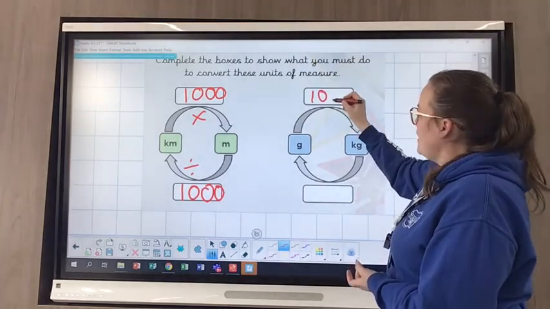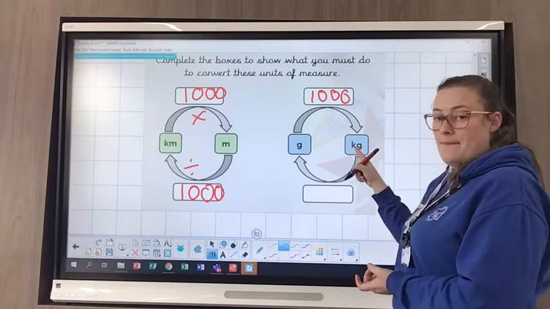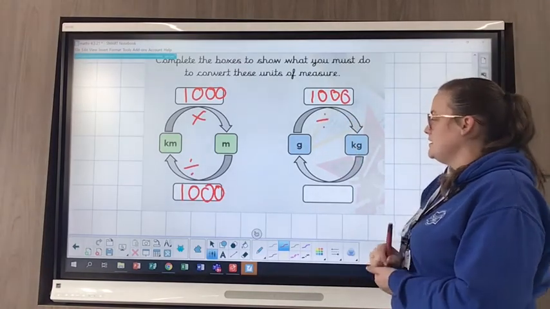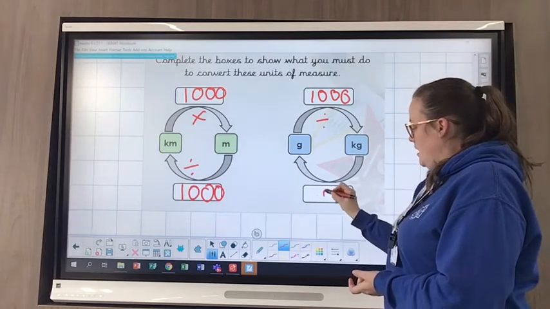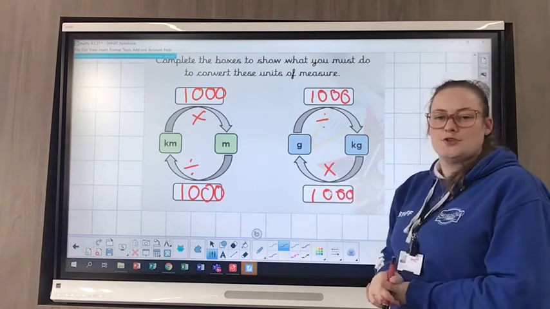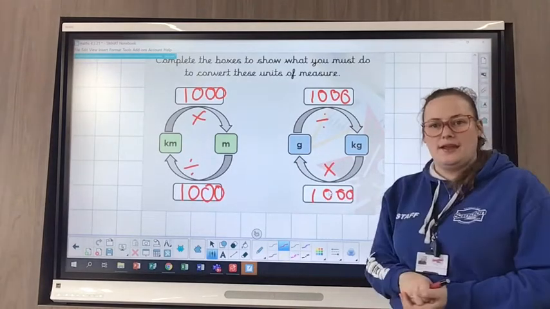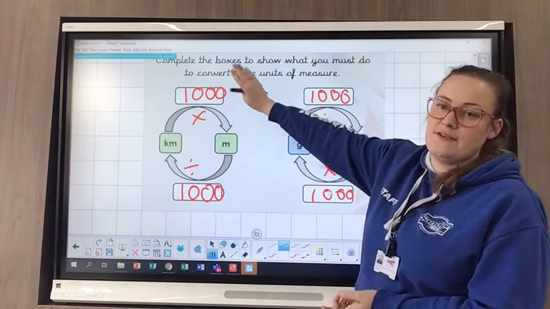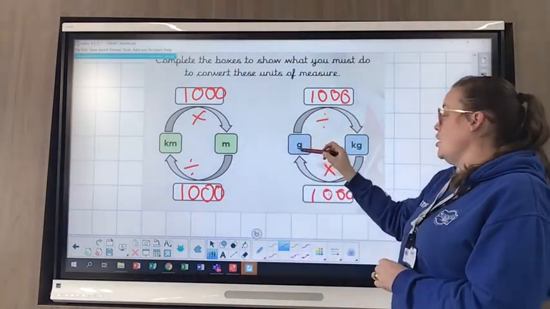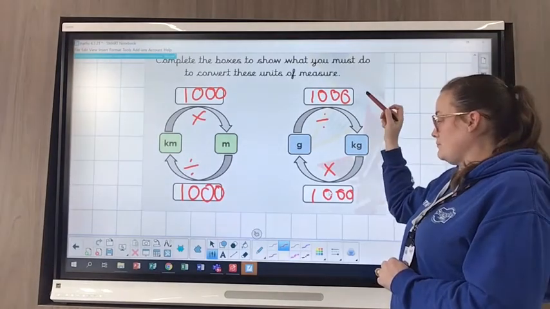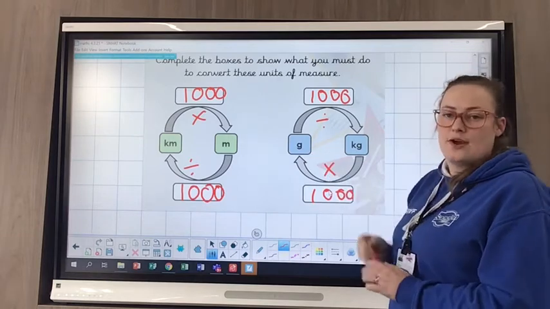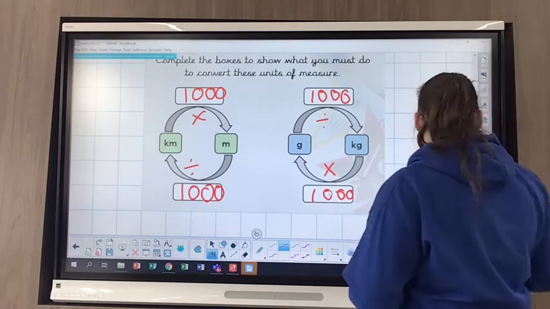There are 1,000 grams in a kilogram, so we would divide if we were converting into kilograms, and we would multiply by 1,000 to work out how many grams were in a kilogram. It is important that we know which way we are converting, and today we're converting grams into kilograms. We would divide by 1,000, and if we were converting kilograms into grams, we are going to multiply by 1,000.